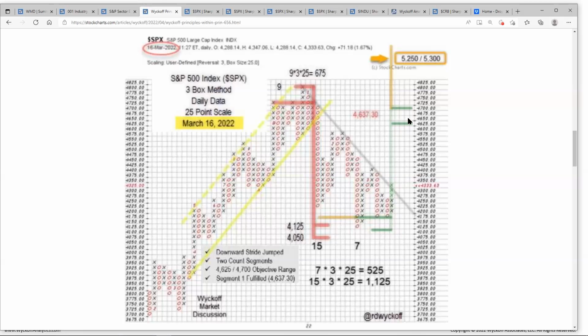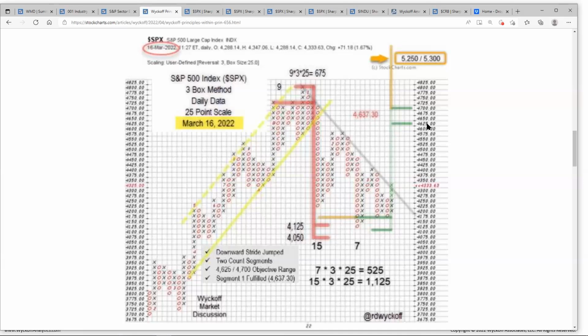And this gave us a count up to 4625 to 4700, and it went to the intraday high 4637.30. Well, notice that's not 50. That means that 4625 was the highest entry on this point and figure chart, and it's a hit.